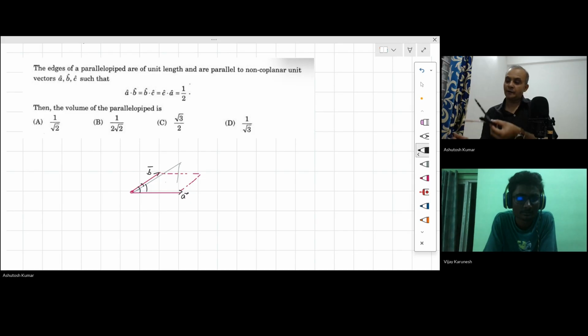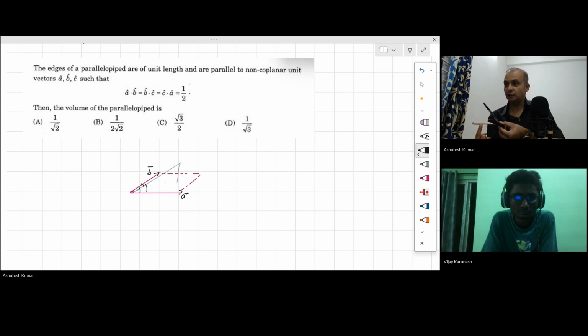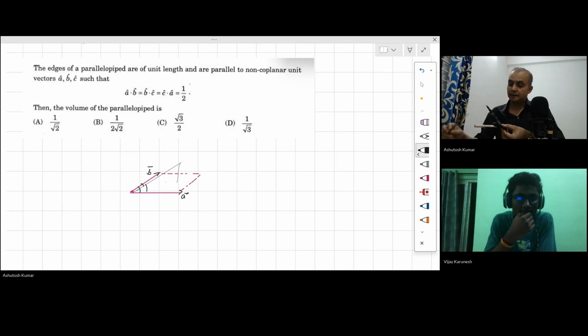Now one way to think is that we can drop the perpendicular from this C vector to this plane, and this will denote the height of this whole parallelepiped. If we know the height, I can use this height and the area of the base, and the area times height is the volume. You understood the point? So how do we know this height?